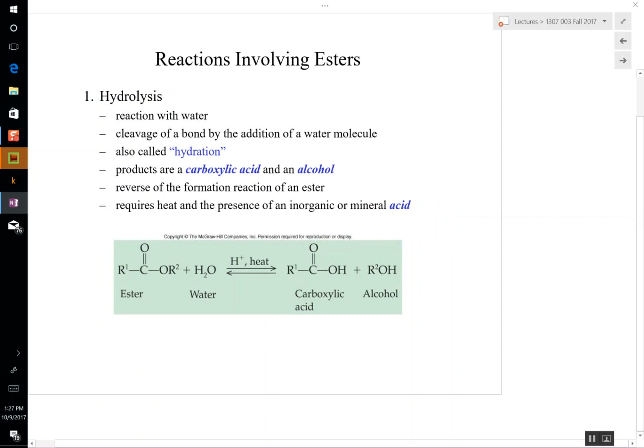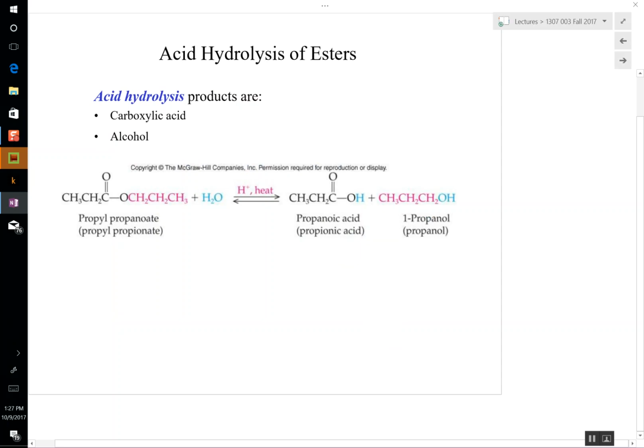So, is all hydrolysis acid hydrolysis? Yes, we're going to see another reaction, saponification, and we're going to react it with a base. But it's not going to be hydrolysis. We're not reacting it with water. We're reacting it with a base. All right, so we're breaking it right here, inserting a hydrogen on there and an OH on this carbon, and we get propanoic acid and 1-propanol.